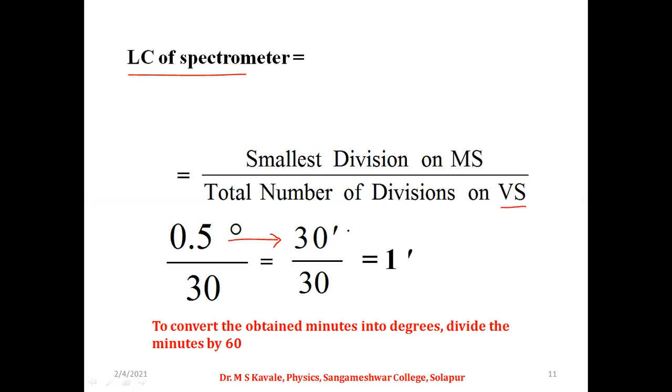Therefore, 0.5 degree is equal to 30 minutes. So 30 minutes upon 30 is equal to 1 minute. This is very simple to remember as well as to understand. Now, to convert the obtained minutes into degrees, divide the minutes by 60.